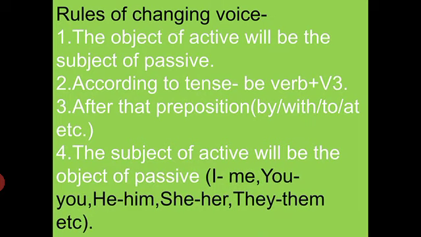As you can see, for I, it's me. For you, it's you. For he, it's him. For she, it's her. For they, it's them. That's the way of changing voices.